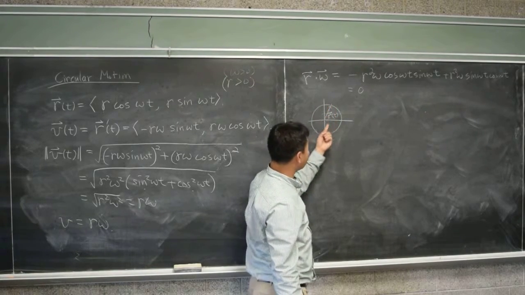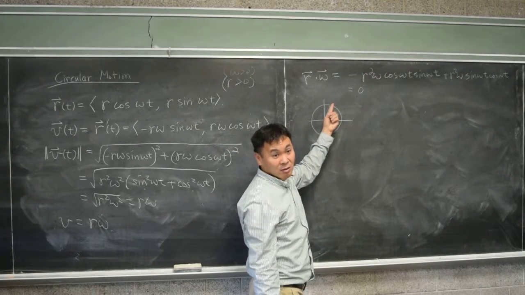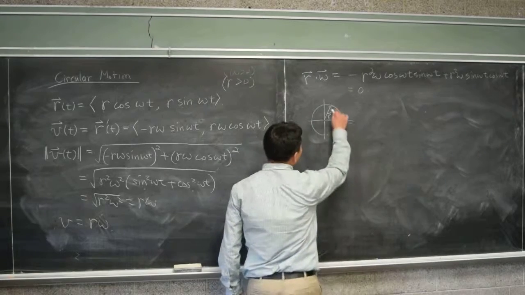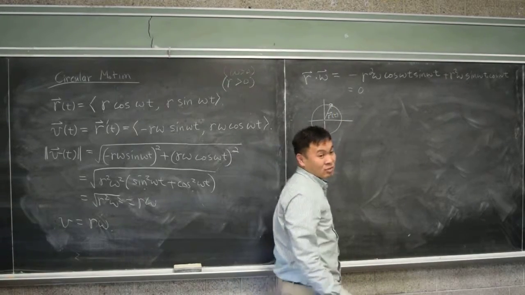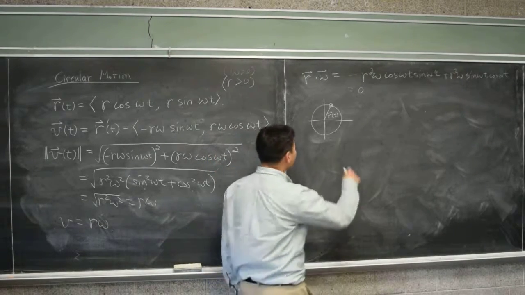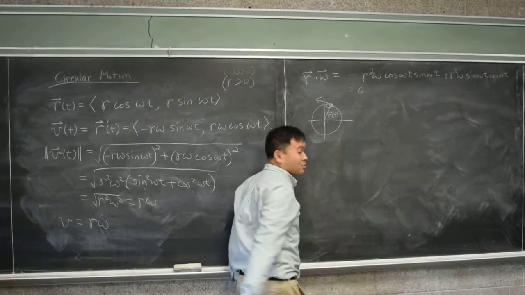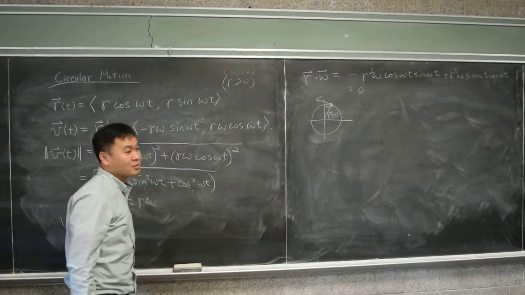So it's a vector that's originating from the origin to the end of the circle, right? But at this point, what's the direction of the velocity? It's tangential, right? Velocity is always tangential. So of course it's perpendicular, right?